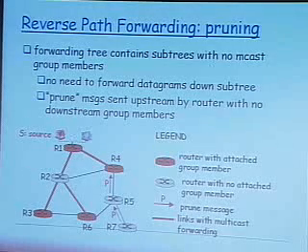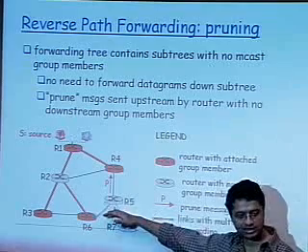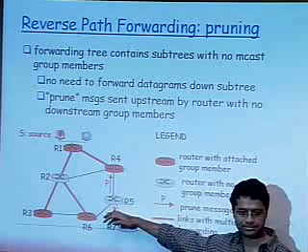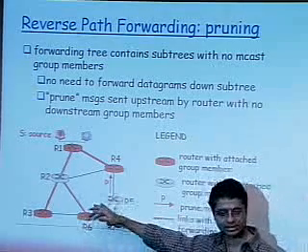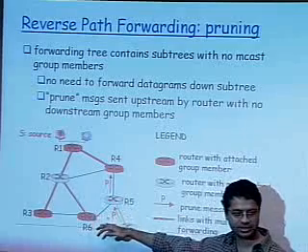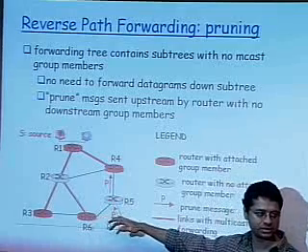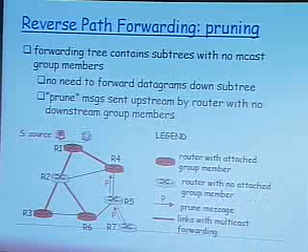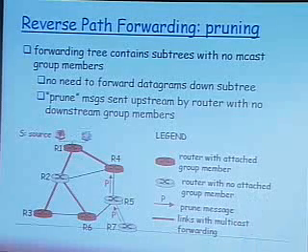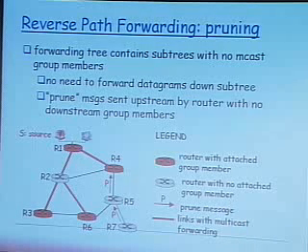So then the router R5 will just update its forwarding rule. It will flood on all the links except where it has received a prune message. So this way, over time, the packets will not reach the entire network, but only the part of the network that is interested in this message.